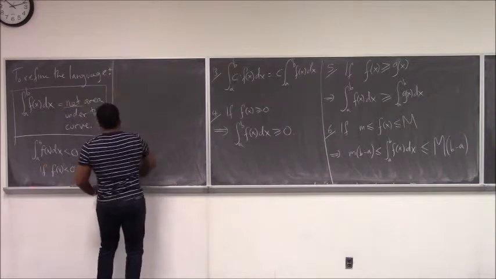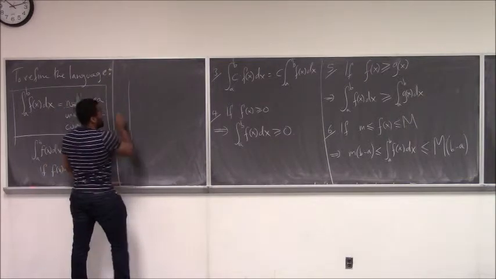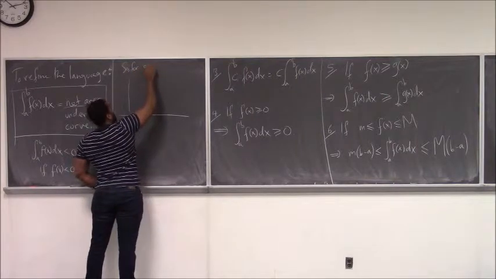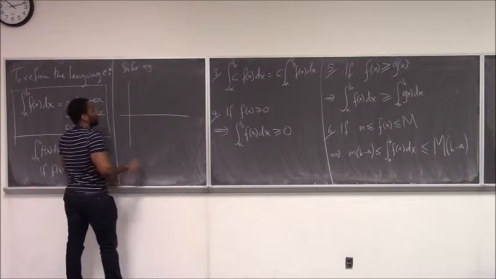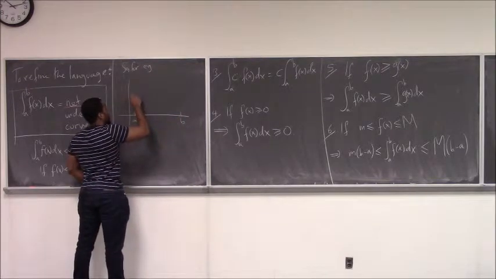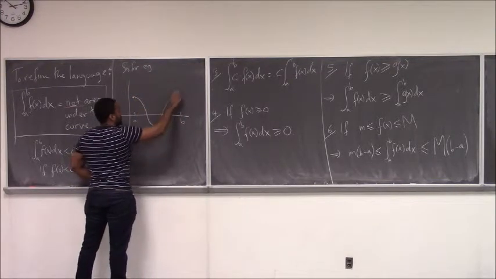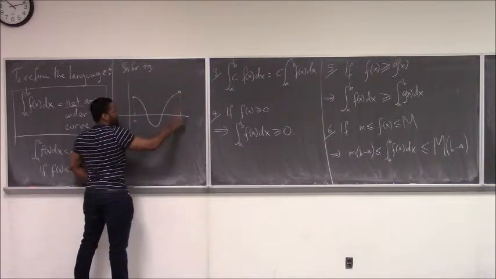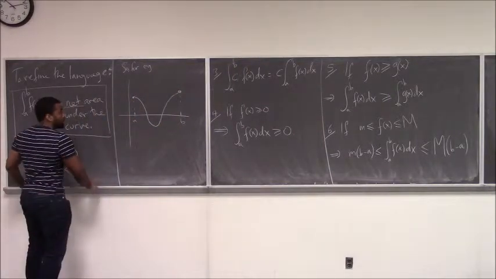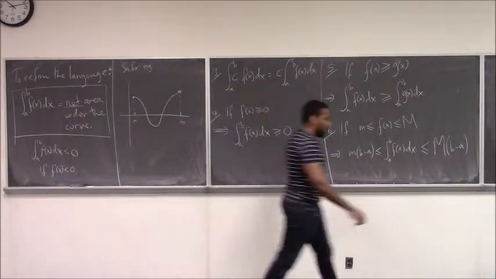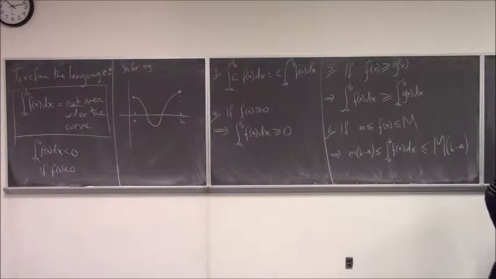So what I do want you to realize is that, for example, if you have a function between a and b and it behaves kind of like this guy, and we can find the areas along here.